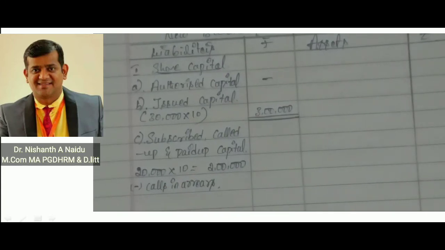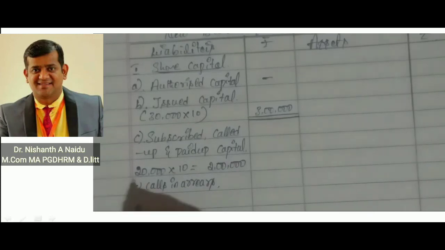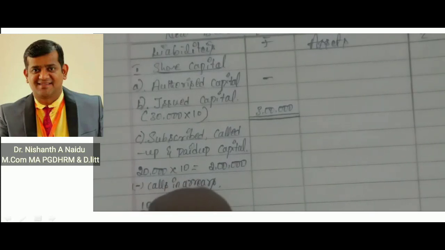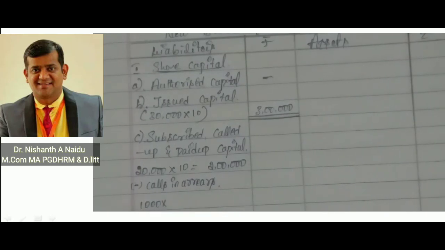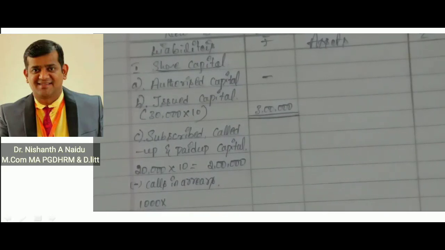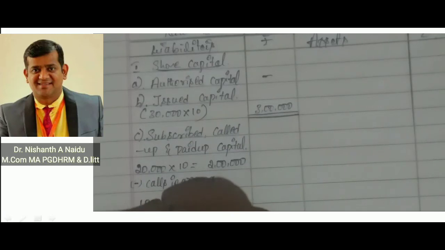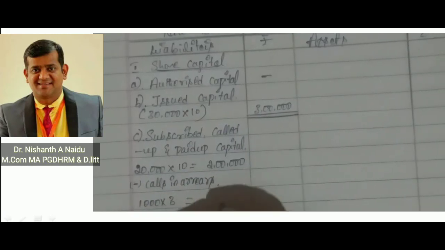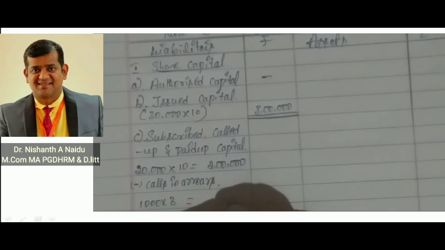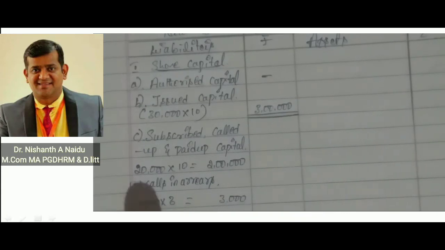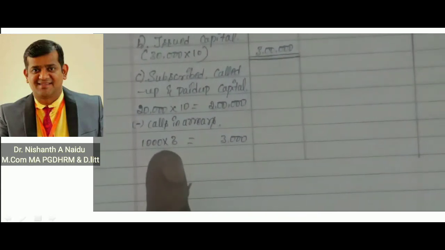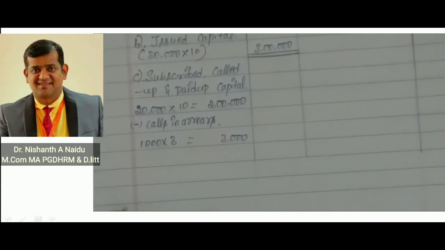Those who have failed to pay the call money are called calls in arrears. Now 1,000 shareholders have not paid the first call money. How much was the first call money? Rupees 3 each. So 1,000 into 3 comes to 3,000. So for these 1,000 shares the first call money has not been paid.